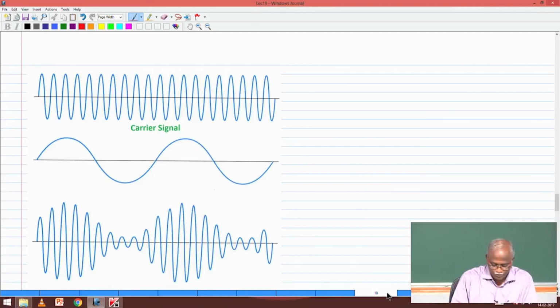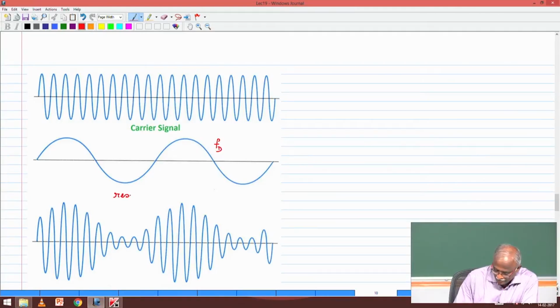You multiply the two. So I will not use the term message. This is the Doppler component. This is the resultant signal, this is for case 5.